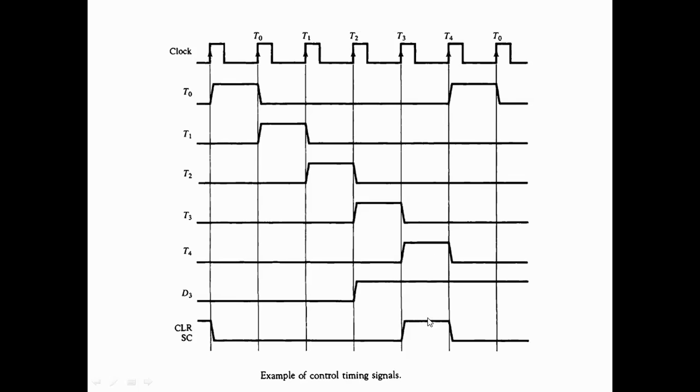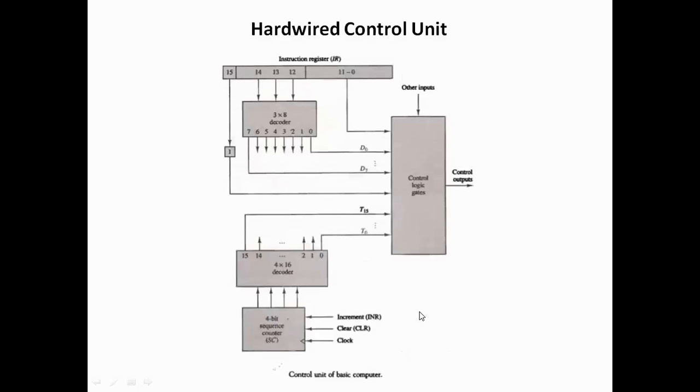So this CLR. That means when D3 will be active from here, and T4 will be active from here, and a certain job will be done, at the same time there will be an AND gate here, and the output of that AND gate will go to here, clear.